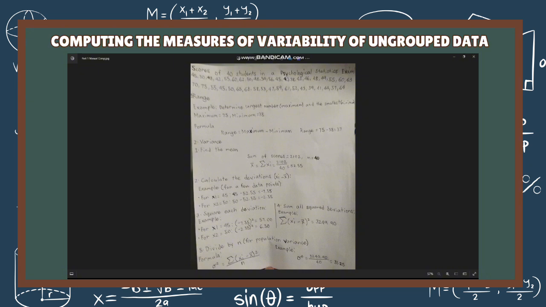So there is our formula, guys. Then our example is shown there. And we got our variance, which is 81.25. Explanation: variance tells us how far data points spread out from the mean on average, wherein the squaring removes negatives and weights larger deviations more heavily.